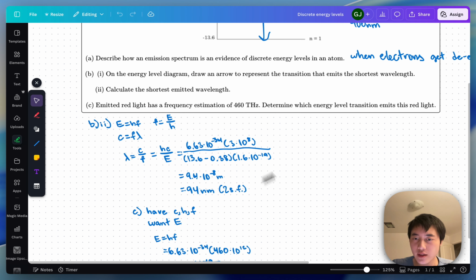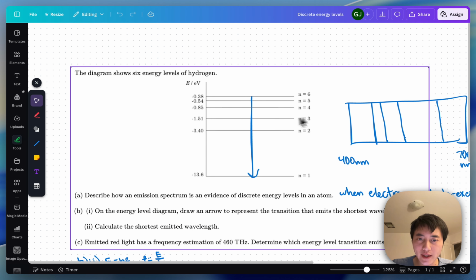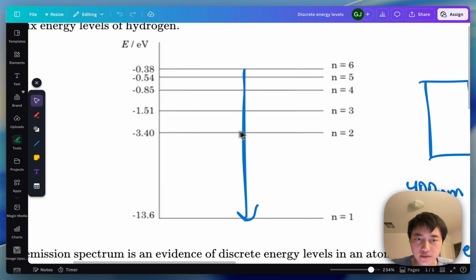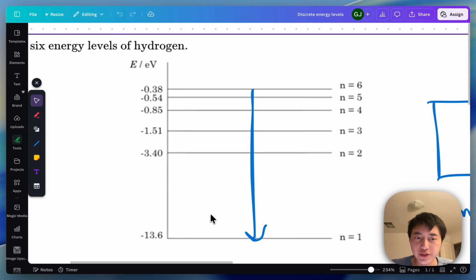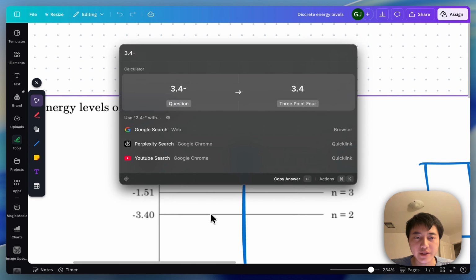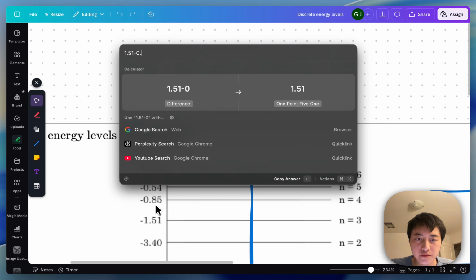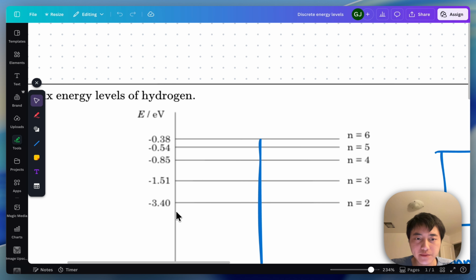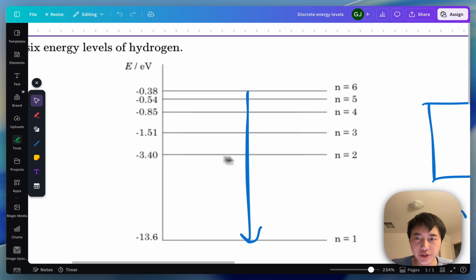So we need a transition that is about 1.9 eV. Obviously 1 to 2 wouldn't work. 3.4 minus 1.51. 2 to 3 might work. These are obviously too small, and this 2 to 4 would be too large.